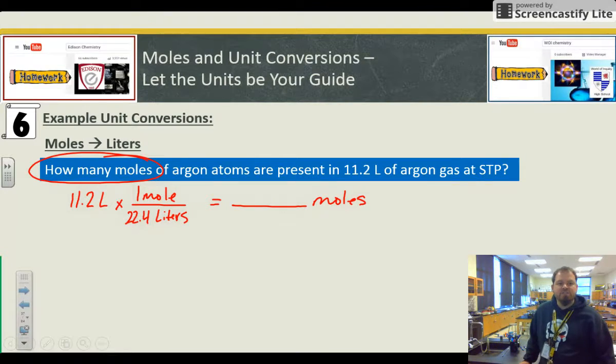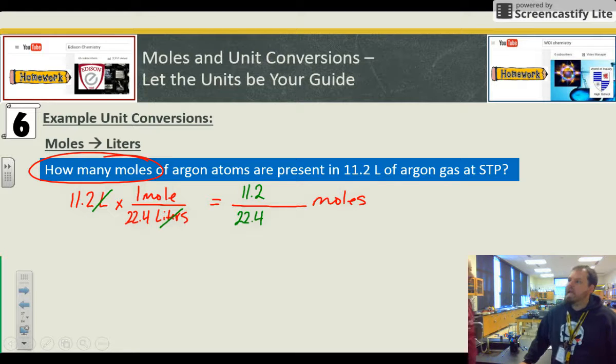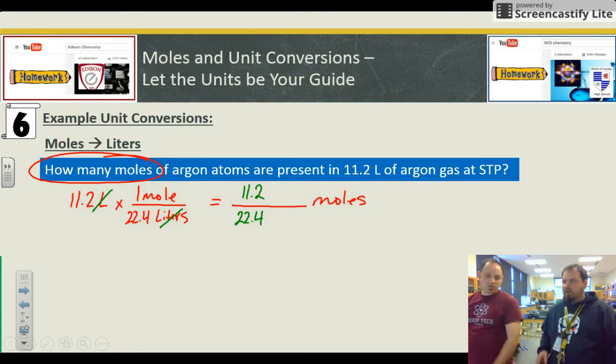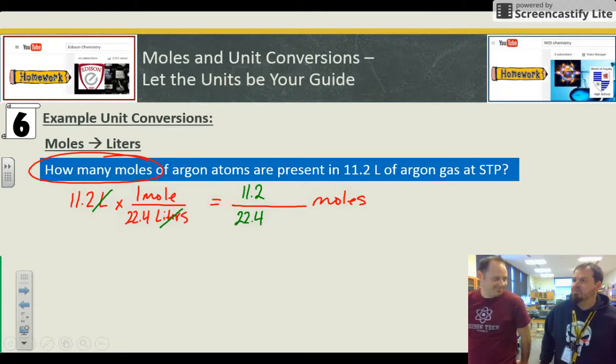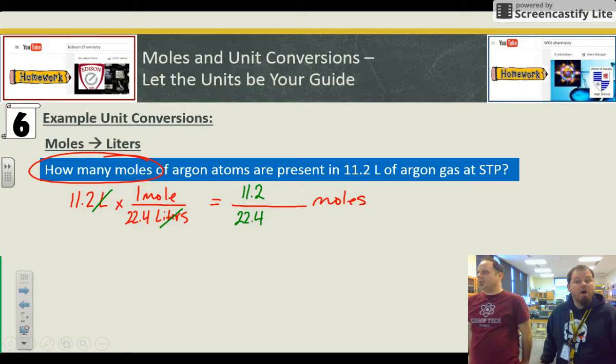And I can see just by this math, this is 11.2 divided by 22.4 essentially, which is 1/2. Got a 1/2 mole. We want to see a half as your answer. If I got 11.2 liters, then I got a 1/2 mole of any gas. But this unit conversion works out.